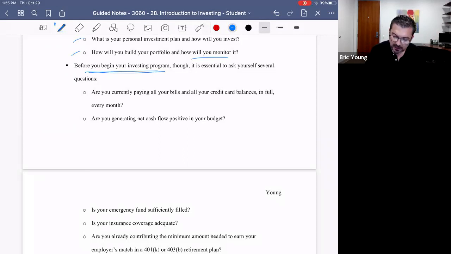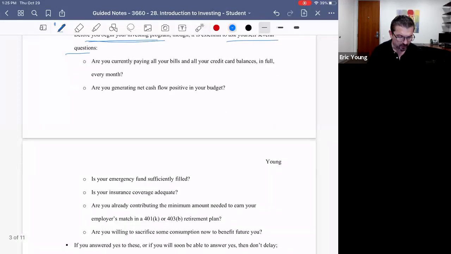And therefore, I would advise that you ask yourself several questions before you start investing. These are really more to ground yourself and to make sure that investing is the right thing for you at this particular time in your life cycle, okay? What are some of the questions that you should ask before you start investing?